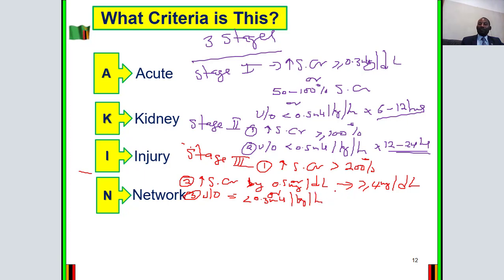That is for 24 hours. So that's the difference. This is just talking about the same. The only differences are stage 1 and stage 2, which are in the range. And remember, when there is anuria, it is for 12 hours.